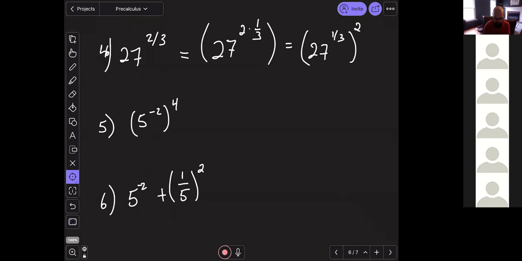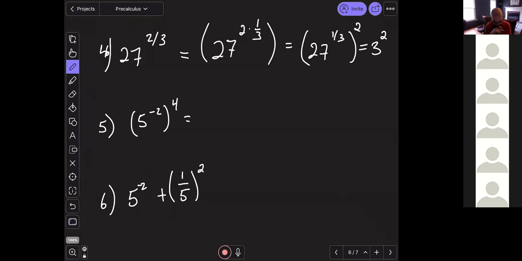Now, 27 to the 1/3 is the cube root of 27, a number that if I multiply by itself 3 times, I get 27. That's 3, right? 3 times 3 is 9, times 3 is 27. So this ends up being 3 squared, which is 9. That's the thought process I'm using there.